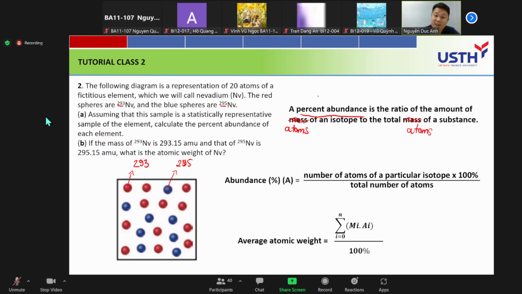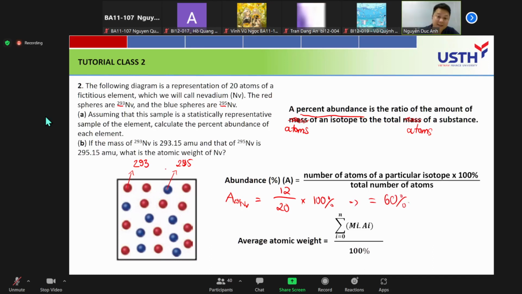So the percentage of abundance will equal the number of atoms of a particular isotope. So the abundance of Nevadium-293 will equal 12 over 20 multiplied by 100%. Okay, and this one is 60%.